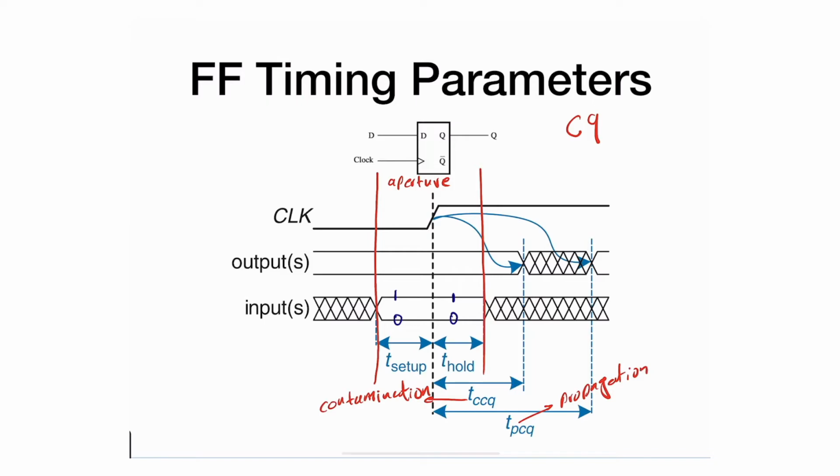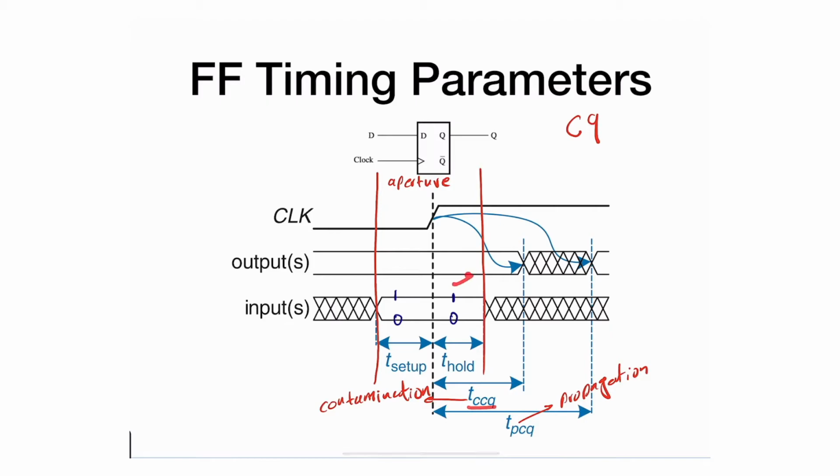So what's the difference between contamination delay and propagation delay? Well, depending on how we construct the flip-flops and the type of transistors that we use in them, and the different capacitors and the tolerances and the manufacturing, we usually get some sort of a range that tells me that when an active edge of the clock comes in, it will take between this number and this number for the output to appear. So contamination delay is actually the shortest number.